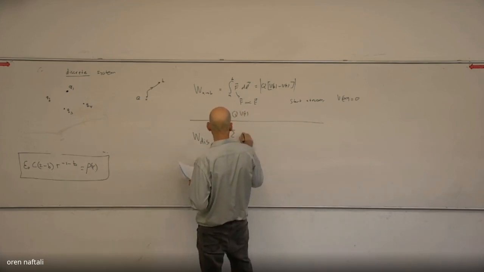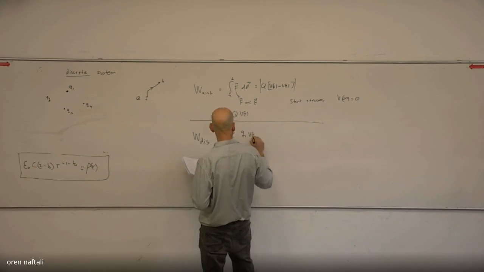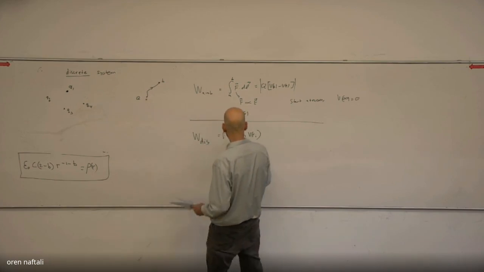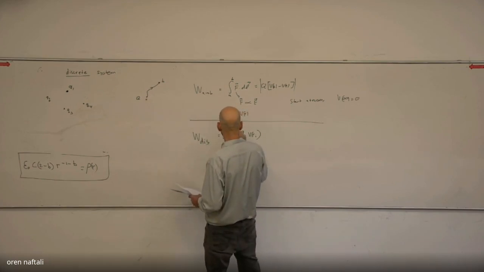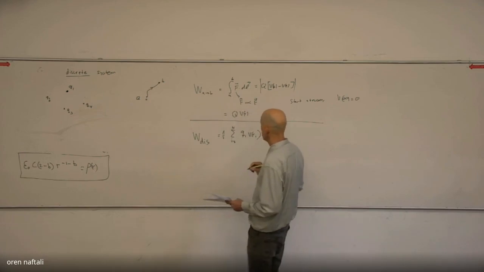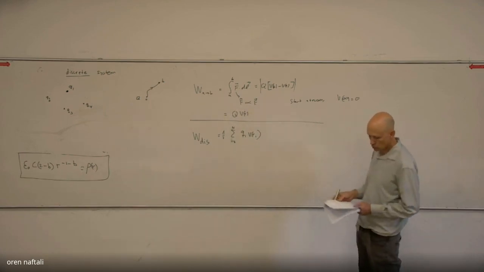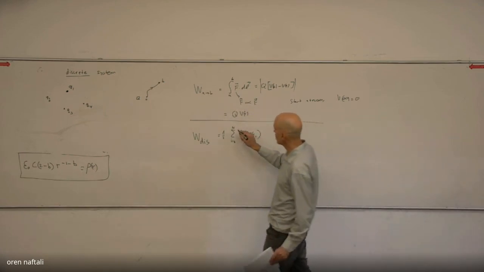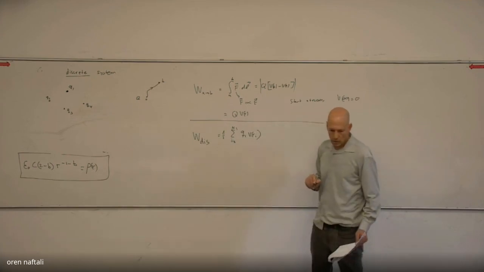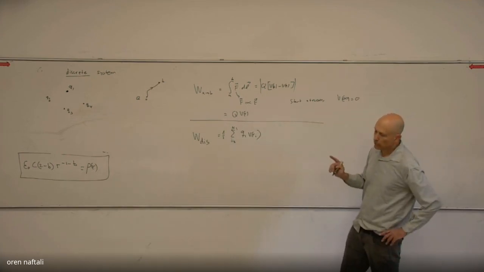In discrete world, one half the sum over i equal 1 to N of Q_i V(R_i). There is a little chupchik here, and this is the following thing.